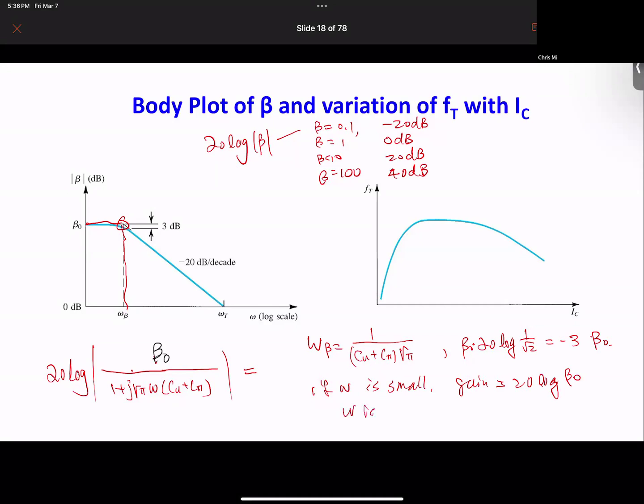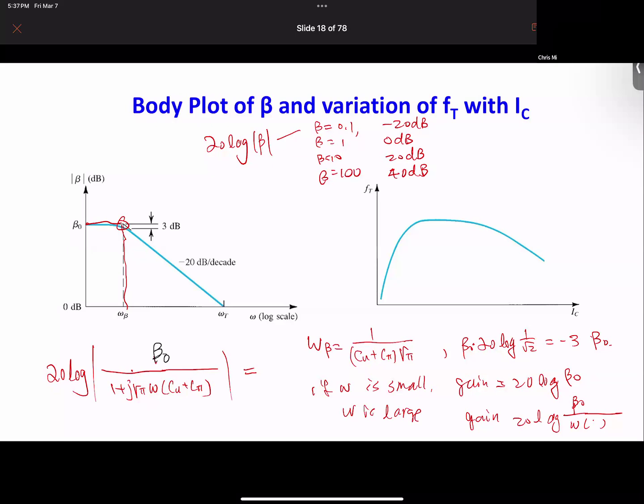When omega is very large, the gain becomes 20 log of omega times the whole number over here. So every time omega increases 10 times, your gain decreases by 20 dB. That's what happens, and that's how we plot this.